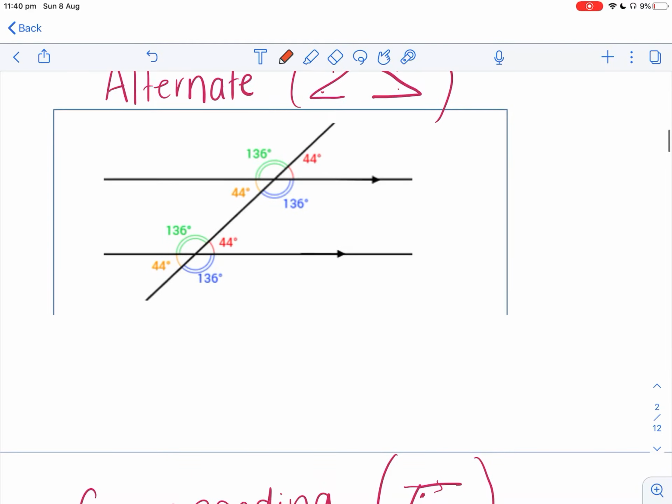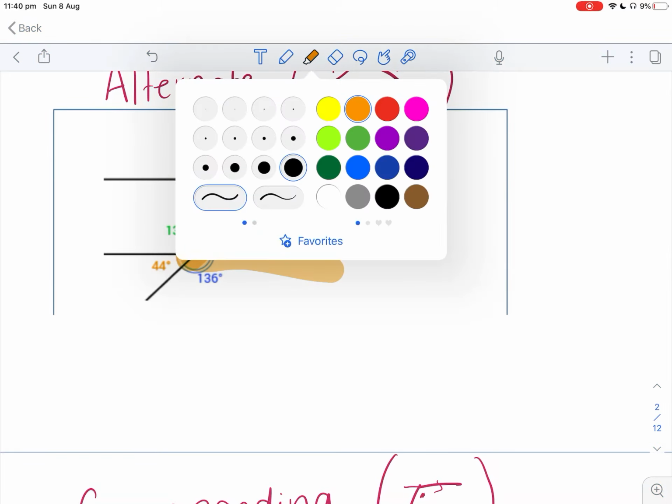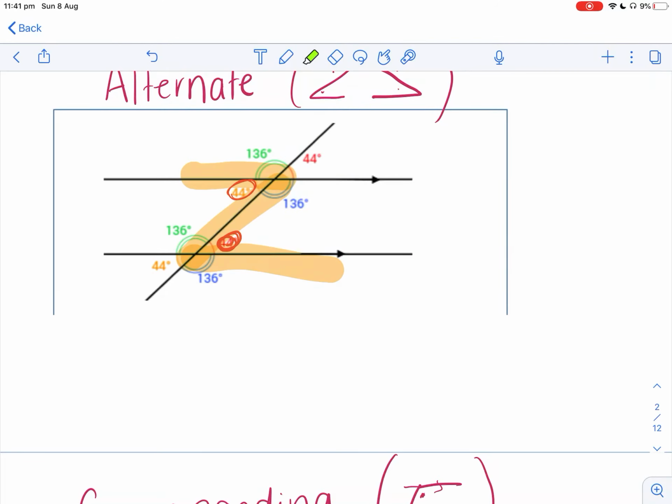Your other rule is alternate angles, so it makes a Z sort of shape, and this angle here is the same as this angle here. This also works as a backwards Z as well. So this angle here would be equal to this angle here.